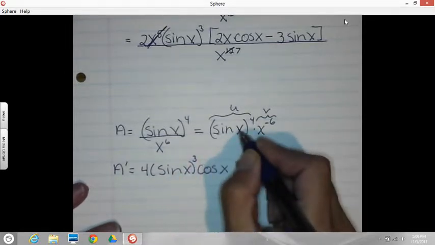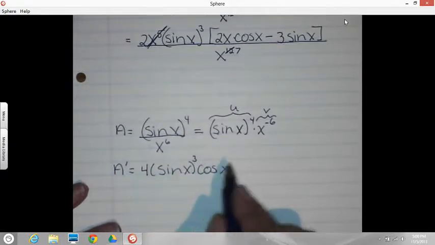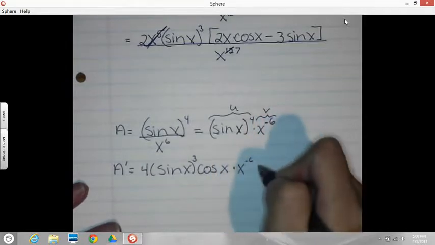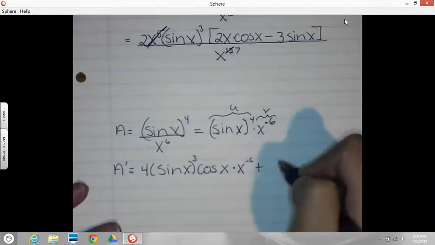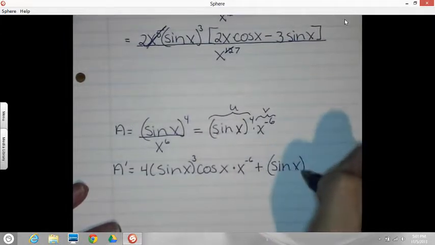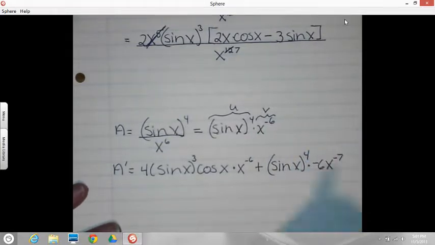Well, derivative of x is 1, I forgot to mention that up there. So there's my u prime, so I have to multiply by the v, plus, keep the u, times the derivative of the v, which is negative 6, x to the negative 7.